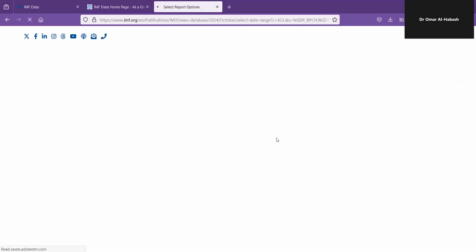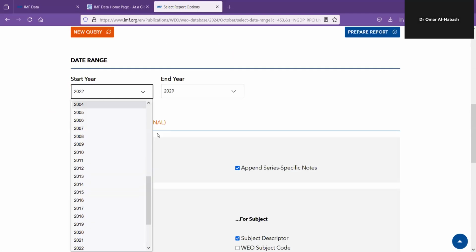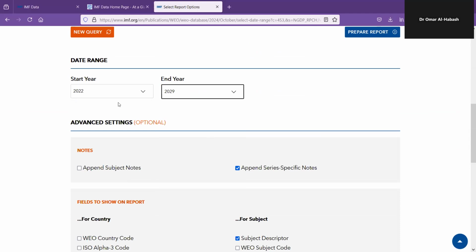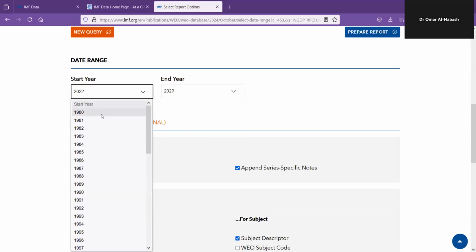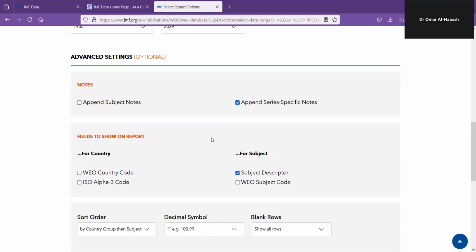You got a lot of these figures, and then you have the years. Let's look from 1980. But remember, any figures after maybe 2023 are estimate figures, not actual figures. Please pay attention to that.